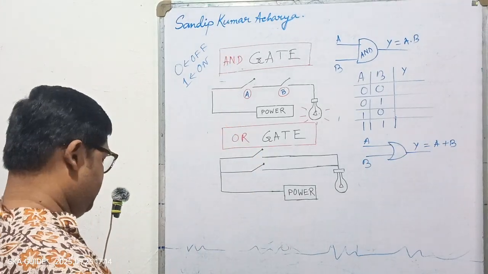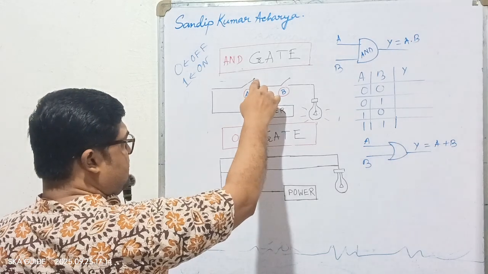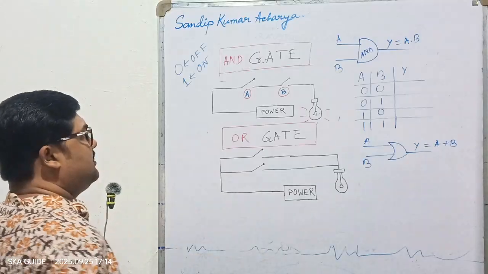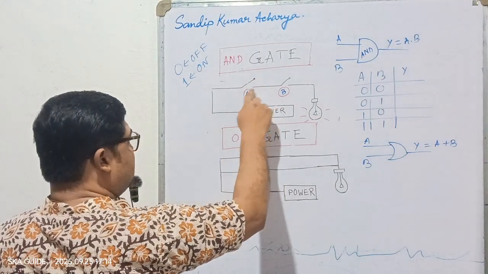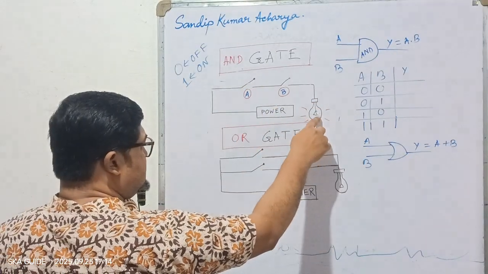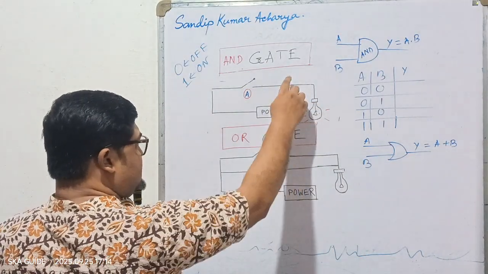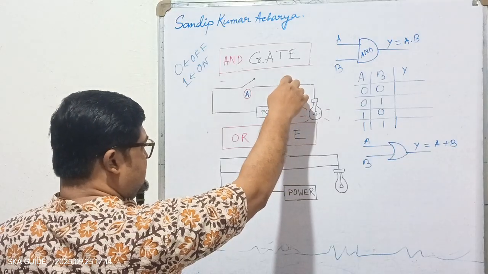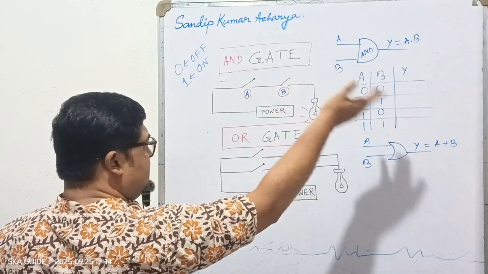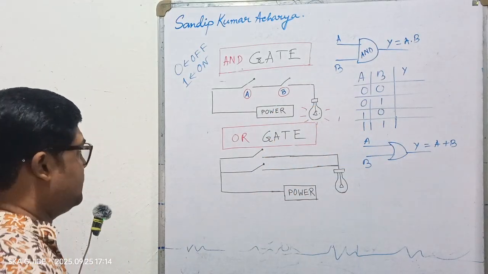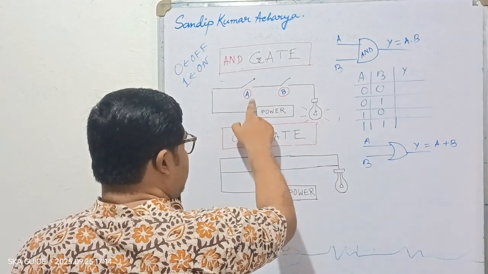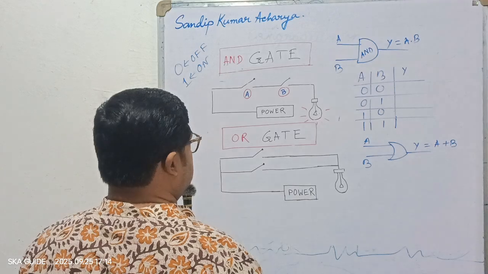That means 1 means this switch is connected to this line, and off means this is disconnected. Once this is on, the power supply will be forwarded to the bulb. So 1 gives the power supply to the next line.